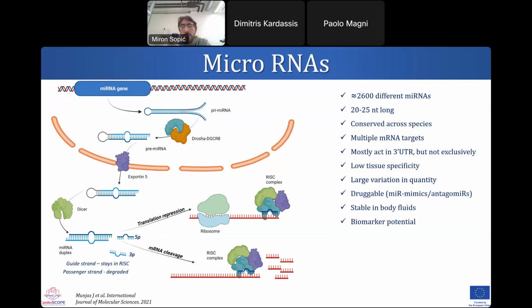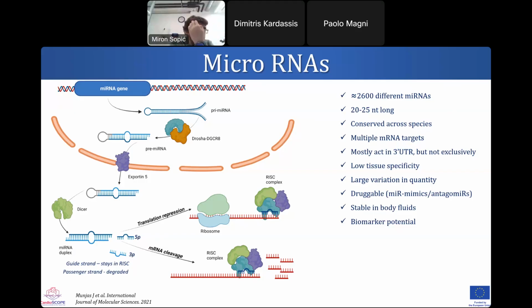But most of them are present everywhere. So when we say enriched, what I mean is there is more of them within a specific type of tissue, but again, they are not exclusively present in only one type of tissue.